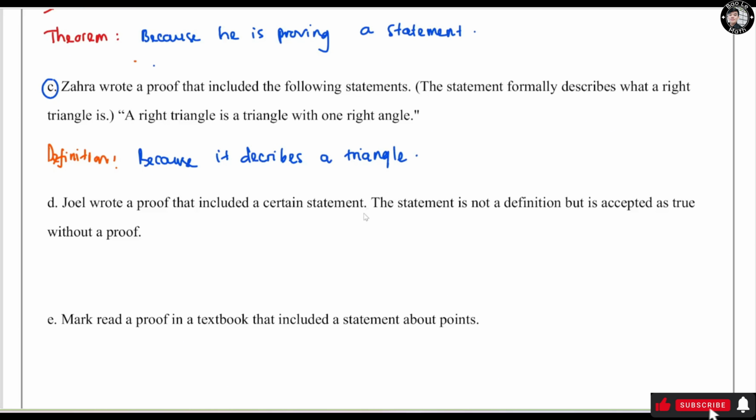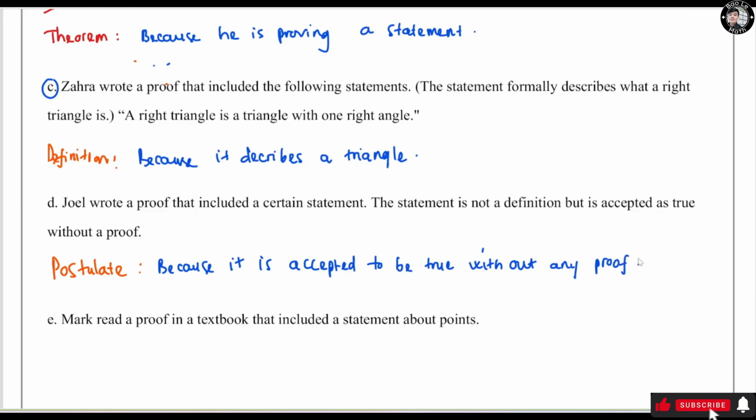The statement is not a definition, but is accepted as true without a proof. This one is actually a postulate, right? Because it is accepted to be true without any proof. And the last one, Mark read a proof in a textbook that included a statement about points. This one is actually an undefined term, right? Because it is related to points.